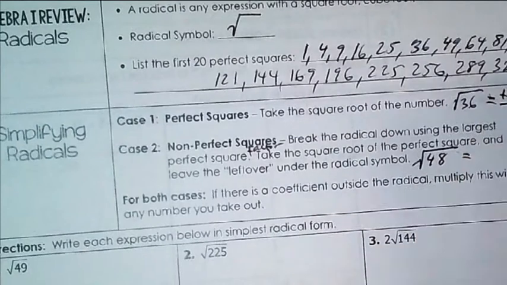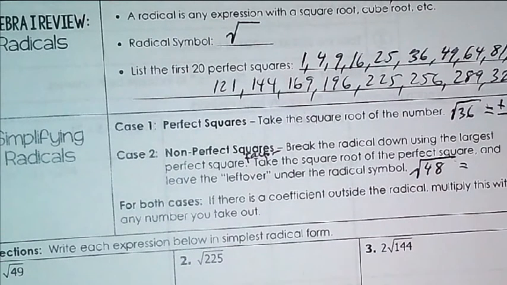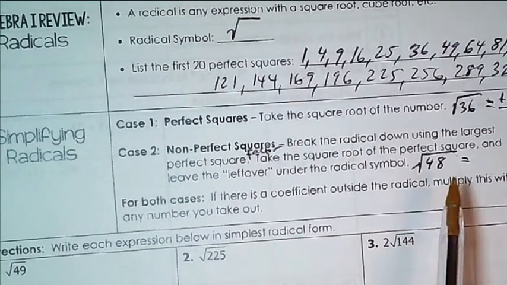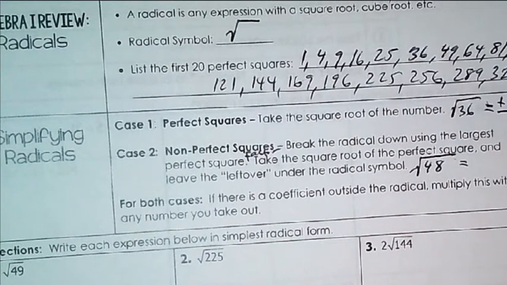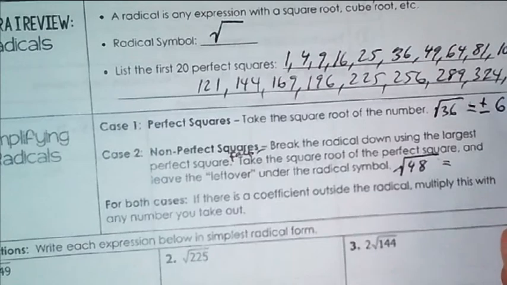Now, 48 is not in our list of perfect squares up here. So what we have to do is find a factor of 48 that is a perfect square. Let's write out the factors of 48.